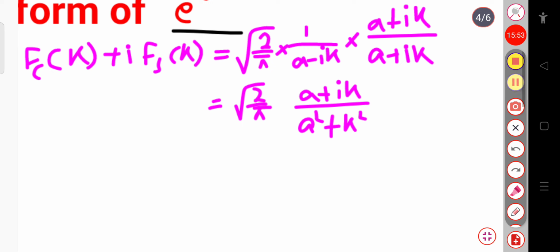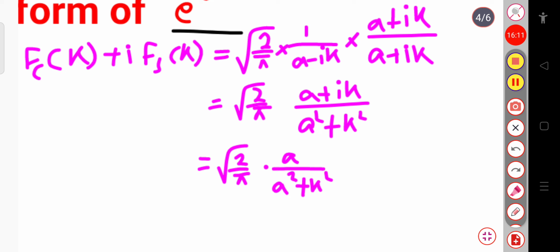Now you can separate the two terms, the real part as well as the imaginary part. I can write this as root over 2 by pi into a divided by a square plus k square, plus iota into root over 2 by pi into k, so this will be k divided by a square plus k square.